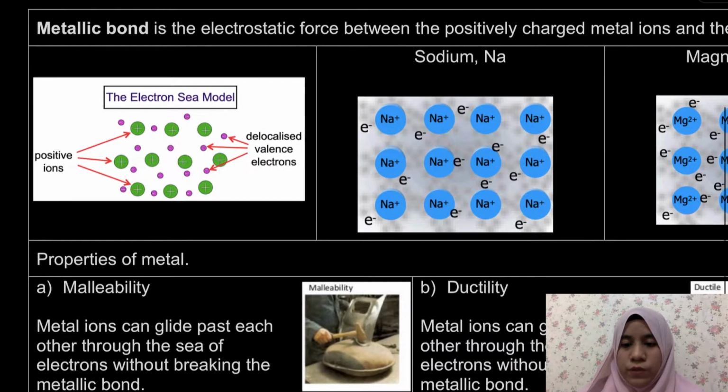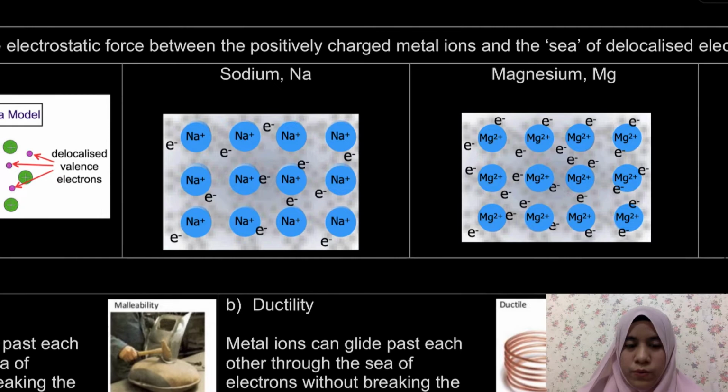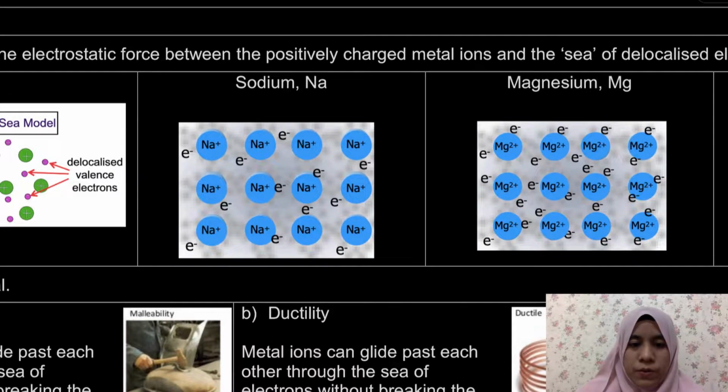So contohnya for the case of our sodium, when we draw it here, sodium tu buat sodium plus, and each of our sodium plus ni mesti ada 1 electron. So when we count, the number of sodium plus dengan number of electron dia sama. Sebab kalau equation for sodium will become Na plus electron.